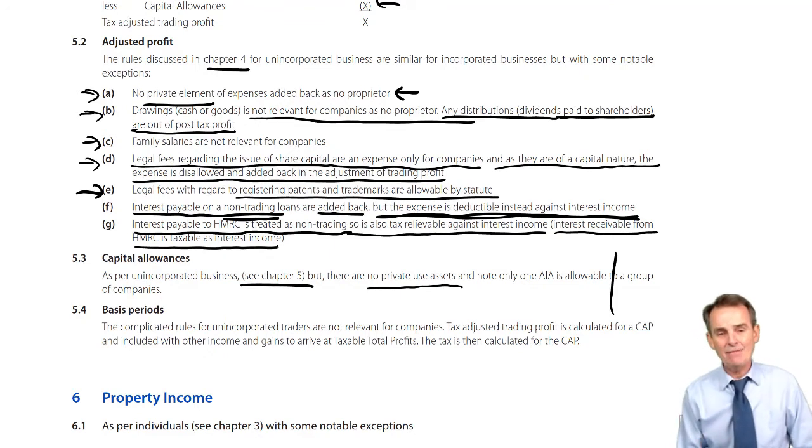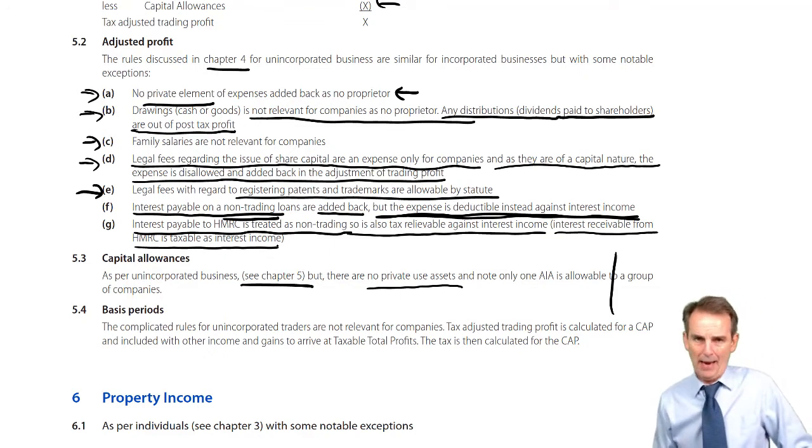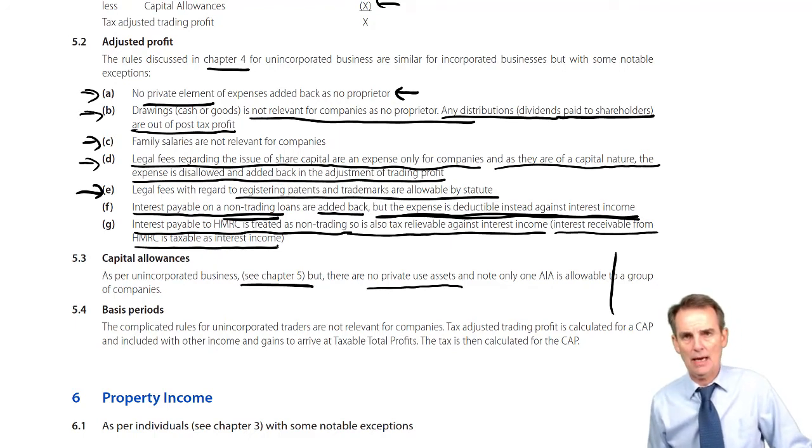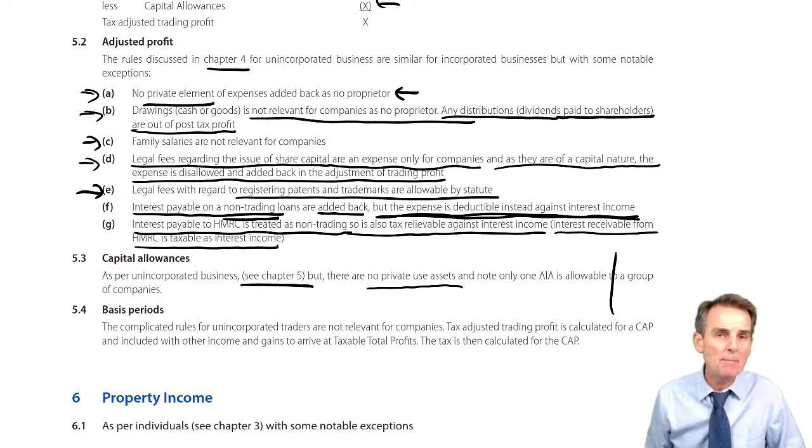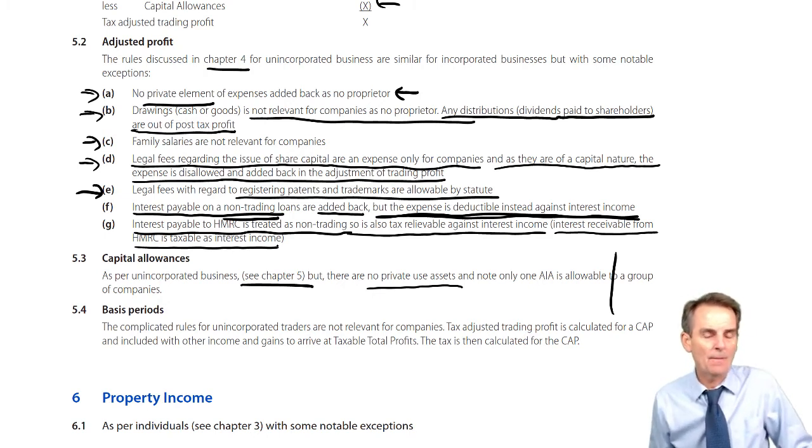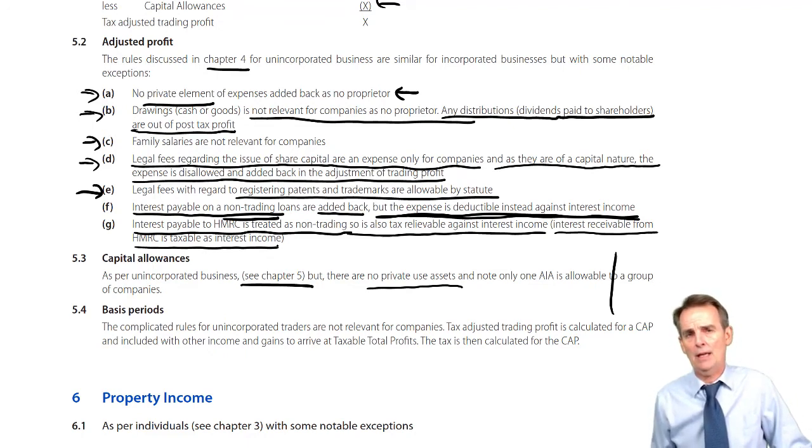Now, if an individual was late paying their tax and therefore had to pay interest on overdue tax, there'd be no tax relief there. If they received a repayment of interest on overpaid tax, there'd be no assessment in relation to that income.